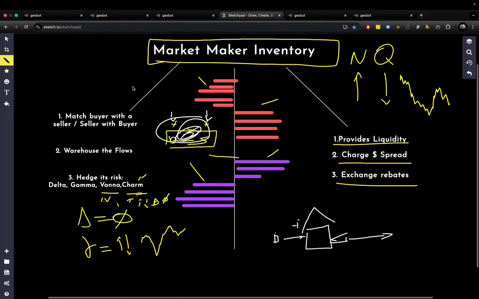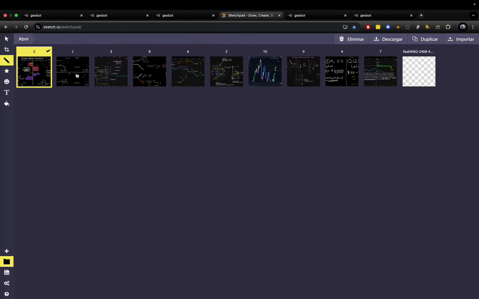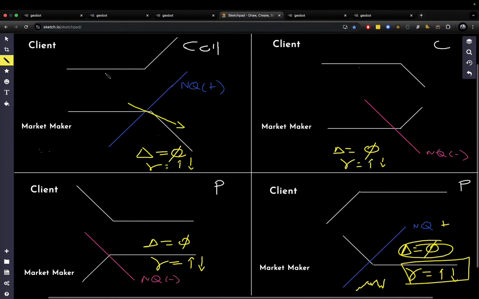Most of the time, there is a client who comes to the market maker and asks for a price, right? And the market maker takes the opposite position. So when the client comes and buys a call, the market maker takes the opposite position. So the market maker is short the call, right?